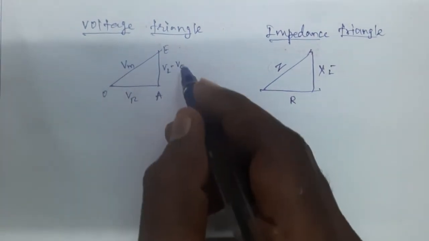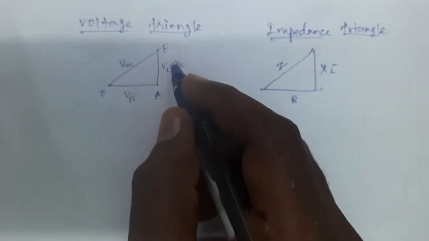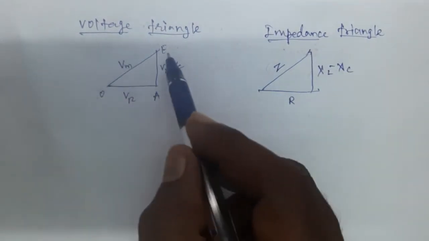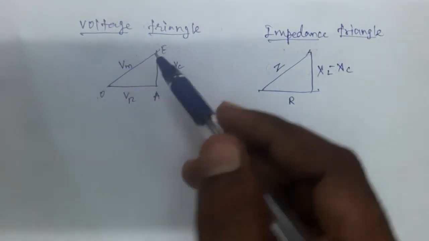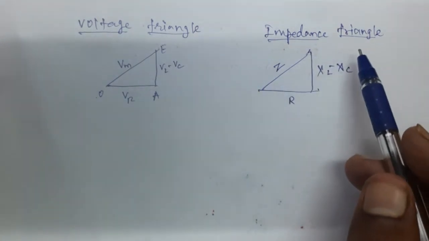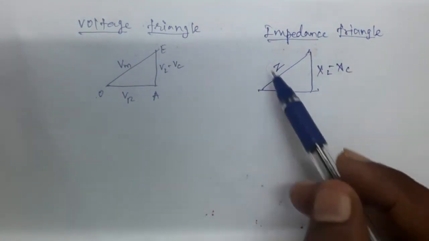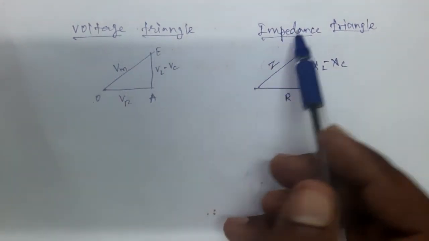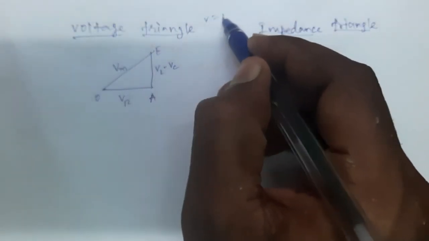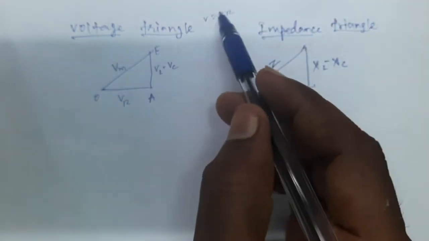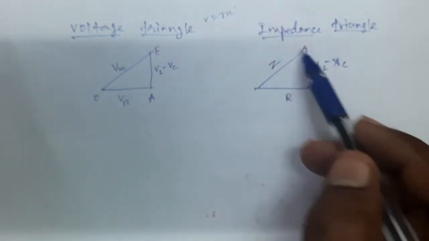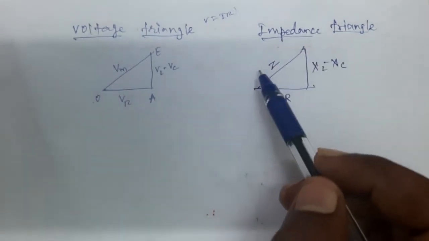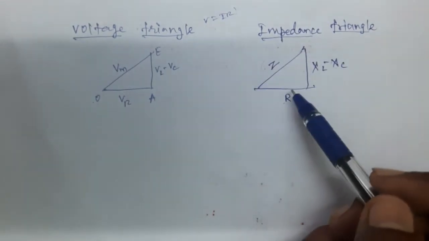VC formula is Im times XC. Remove Im, we get XC. So from this voltage triangle, we have drawn the impedance triangle by removing the current. If you remove the current, automatically the voltage triangle becomes an impedance triangle. Voltage formula is V equals IR; if you remove I, you get the impedance. So in the impedance triangle, we removed the current in all these factors.